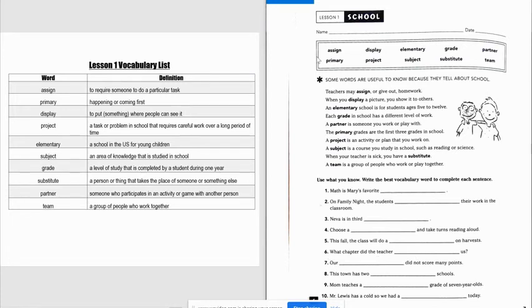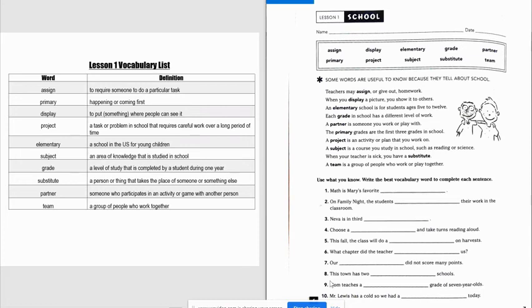Assign, primary, display, project, elementary, subject, grade, substitute, partner, or team? Which one makes the most sense? Number 7, our blank did not score many points. Was it your assign, primary, display, project, elementary, subject, grade, substitute, partner, or team that did not score many points?